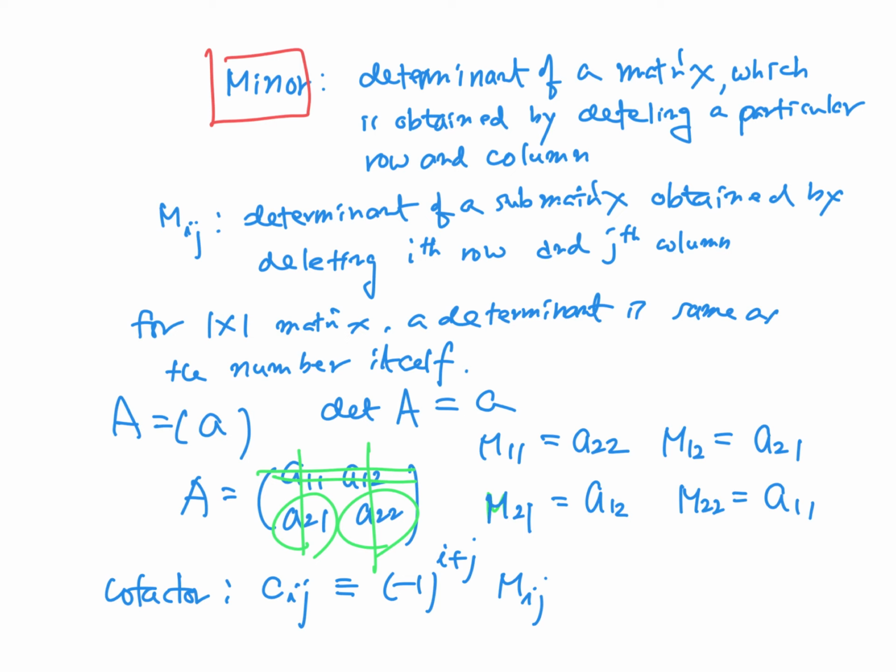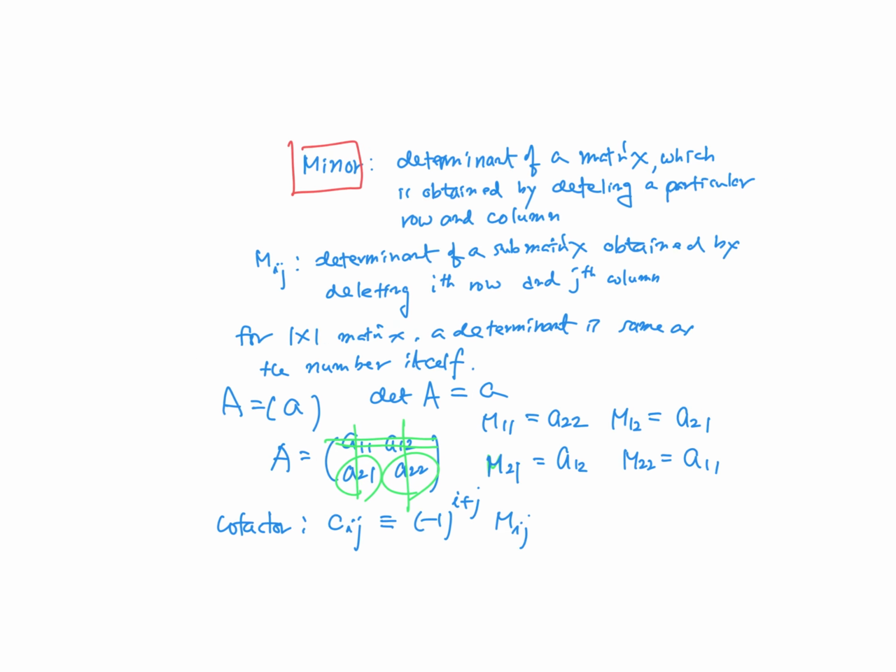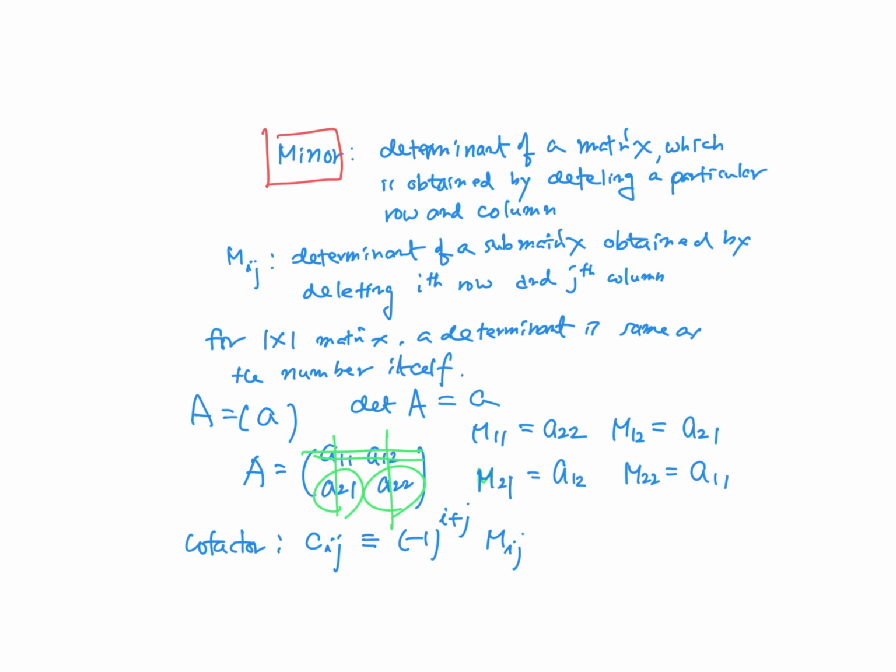So C11 is minus 1 to the 1 plus 1 times M11. Minus 1 to the 1 plus 1 is just 1, so this is A22.